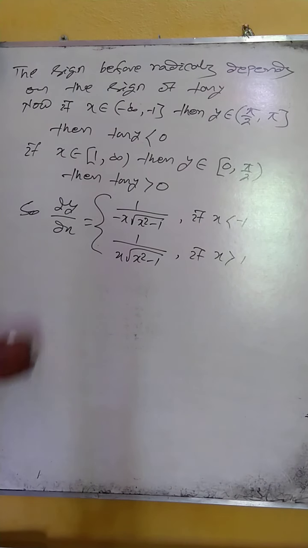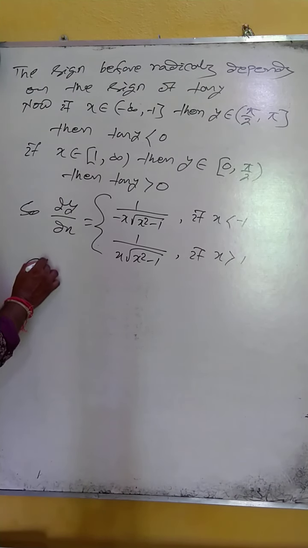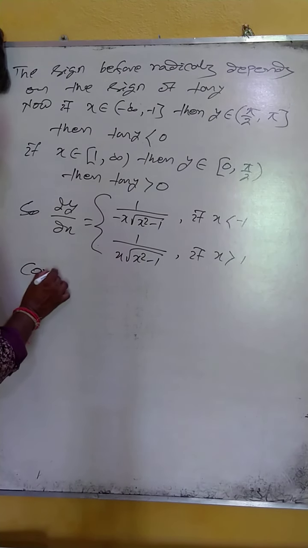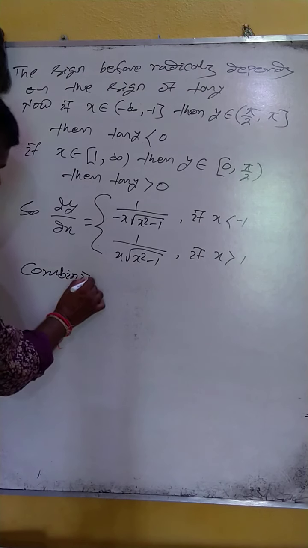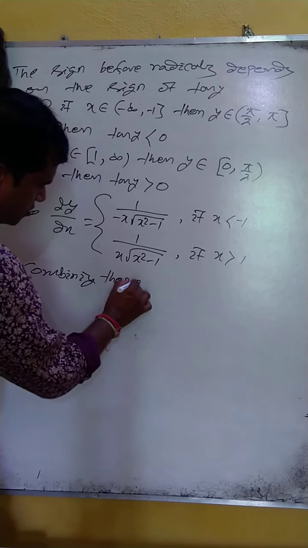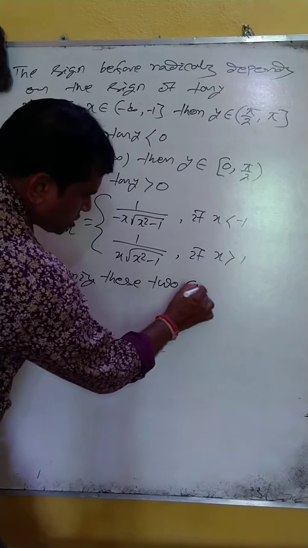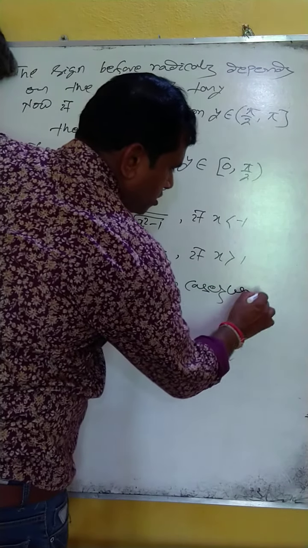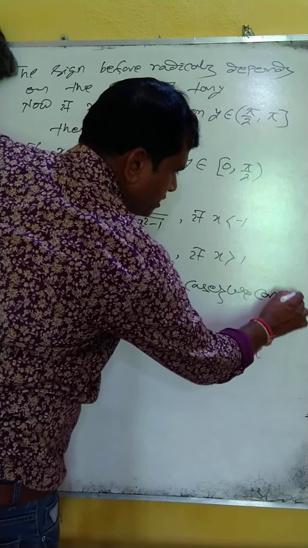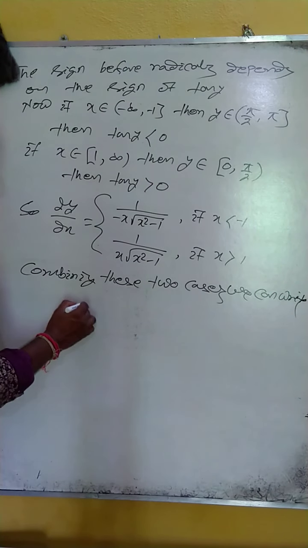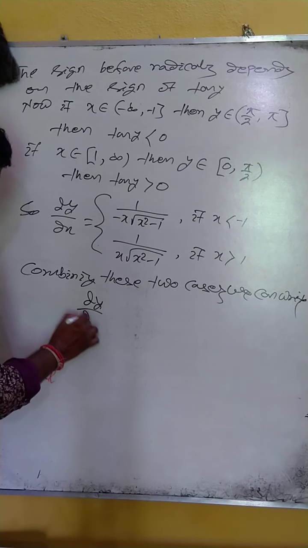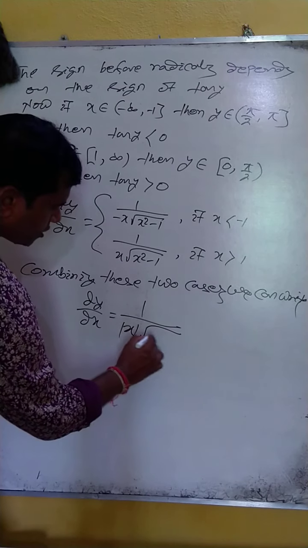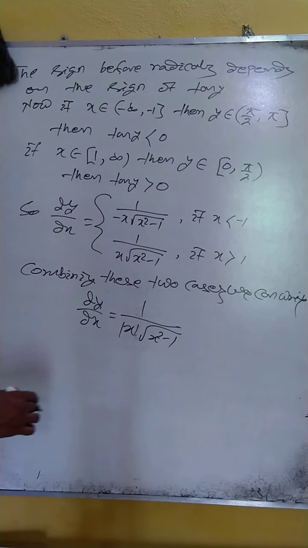Combining these two cases, we can write dy by dx is equal to 1 by mod x root over of x square minus 1.